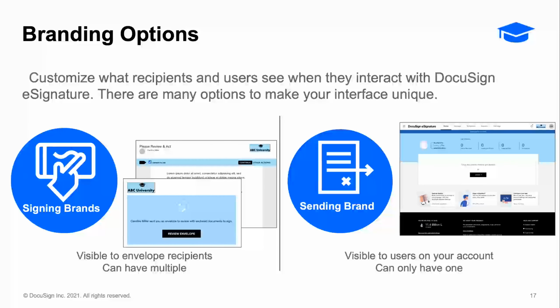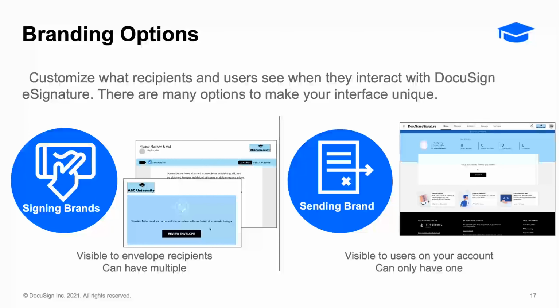For example, after someone is done signing, maybe they should be directed to your school's homepage versus the regular DocuSign landing page. You can set up multiple signing brands as well. For example, maybe the signing brand needs to be different for your general school versus the athletics department. And we'll see that in action later today.